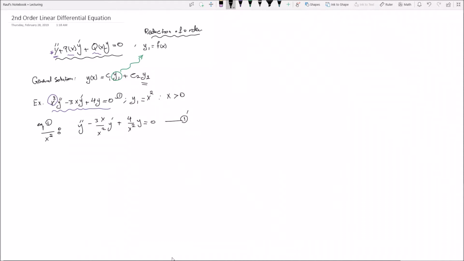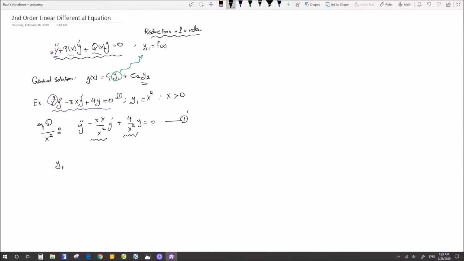Alright, now we can identify that this term is the p of x in the general form, and this term is the q of x in the general form. Now y1 is given, the first part of the general form solution: y1 equals x squared.